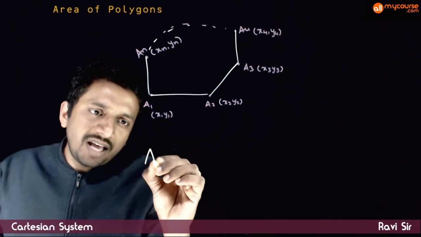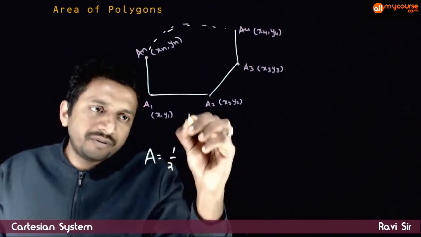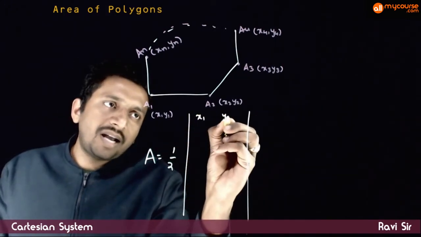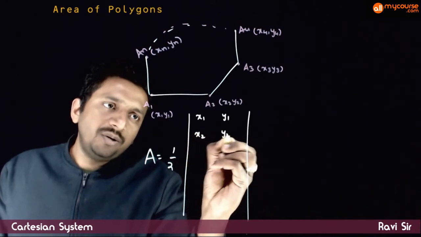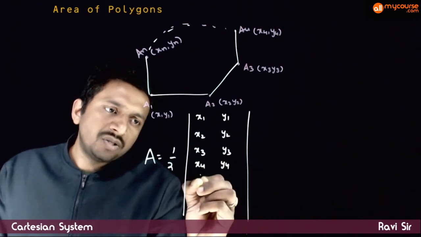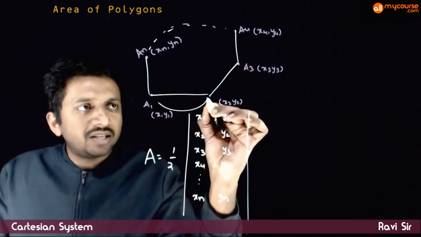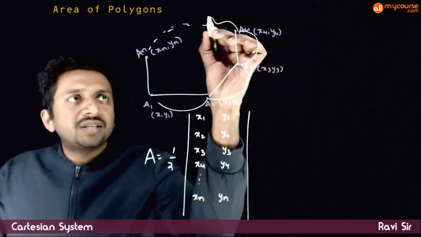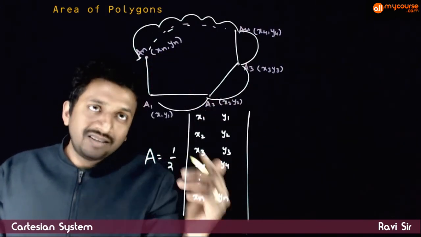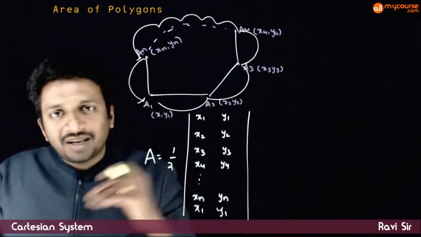So the formula for area of the polygon is given by the stair method, which is half of, so construct a stair consisting of the first coordinate x1, y1, x2, y2, x3, y3, x4, y4, so on up to xn, yn, and complete the cycle by x1, y1. Write all these numbers.